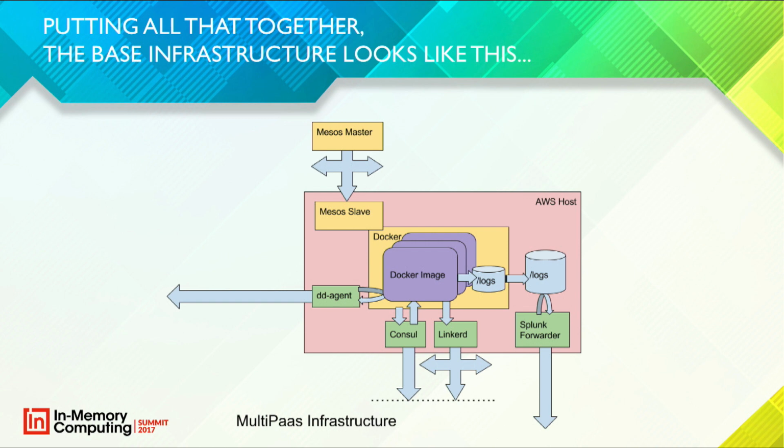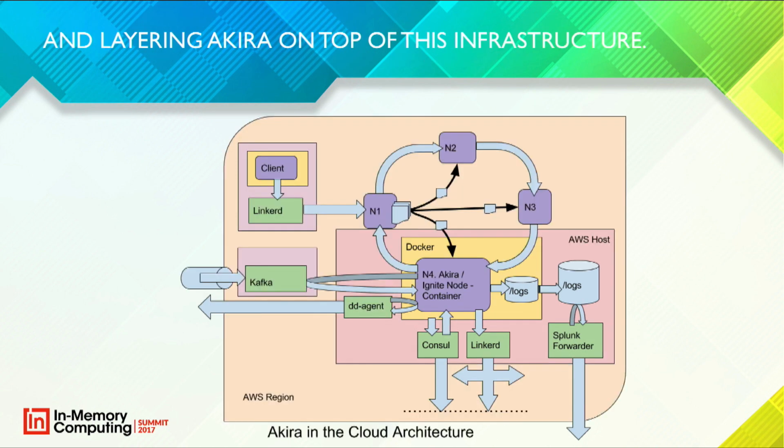So the Linkerd bit is what really enables that, because you can simply go to the local host hop. And then once you're there, that's a software load balancer that's keeping you and pointing you directly to the cluster. And we'll see how that works. But now let's drop Akira into that same infrastructure.